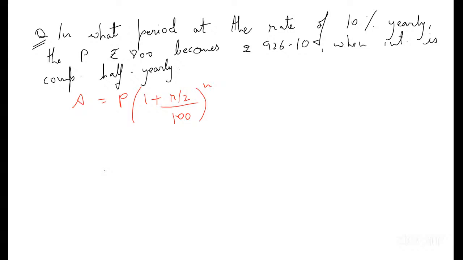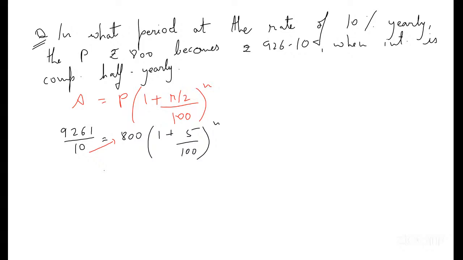So the amount is 926.1, by 10 because I removed the point, equals 800 into (1 plus 5 by 100) to the power n. Now, like I said, this and this we can cross multiply.